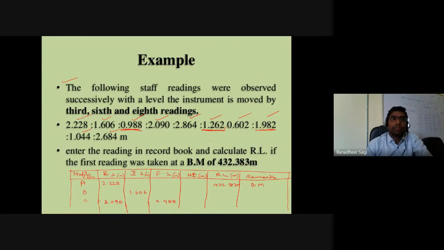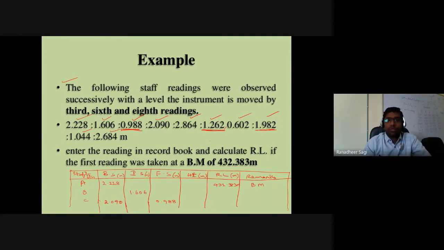Why is it represented as backside under point C? Because with respect to the position of point C, you had one foresight reading, which is the last reading with respect to instrument station 1, and you have the backside, which is the first reading after shifting your instrument to the new position 2. That's the reason why at point C you have a foresight as well as a backside.